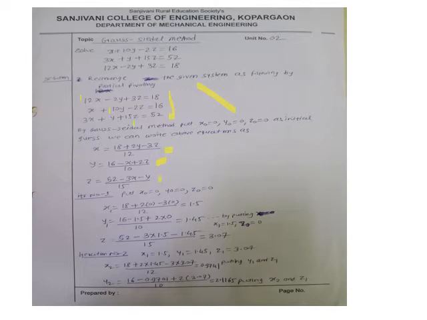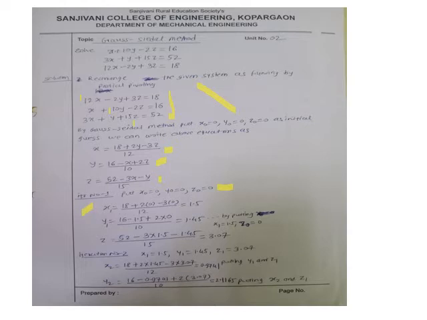Now this method will start with the iteration point 0, 0 and 0. So here we can write x1 is equal to, let us put the value of y and z to find the new value of x in iteration number 1.